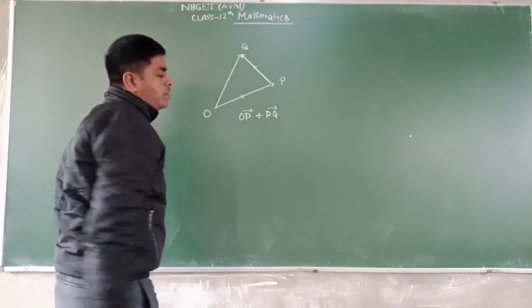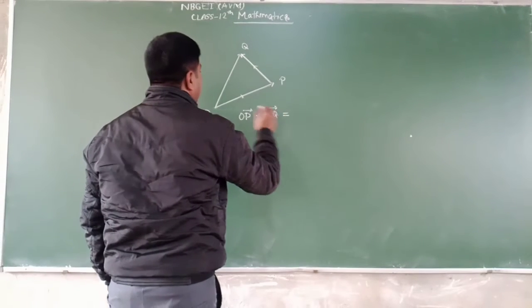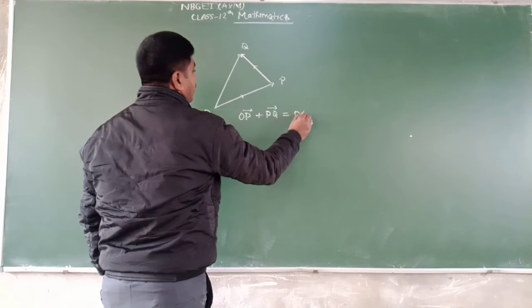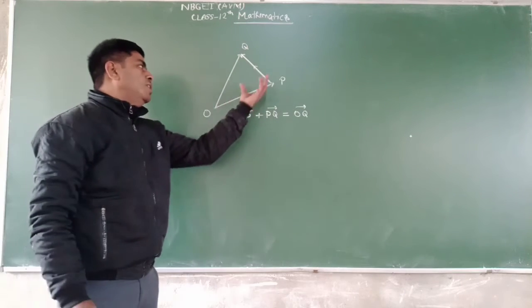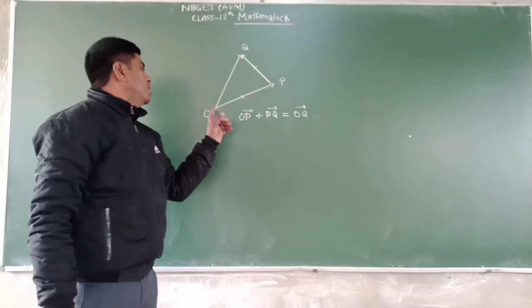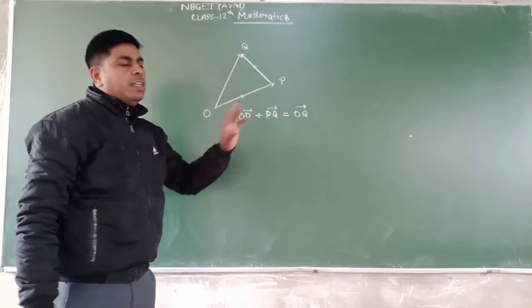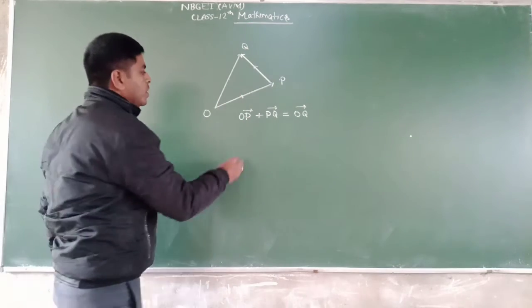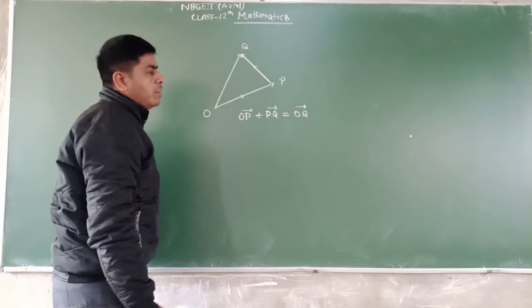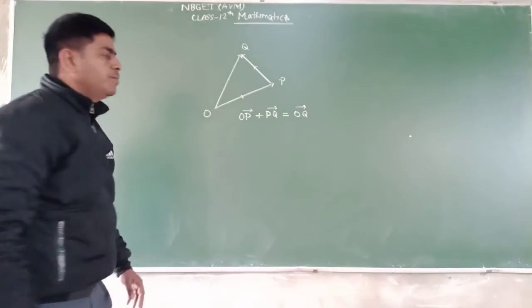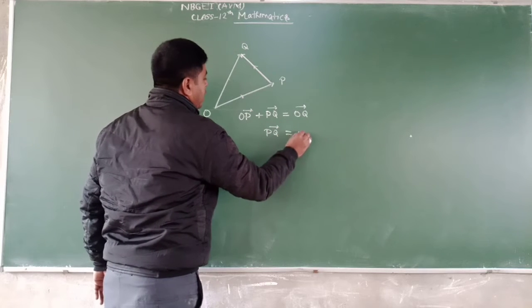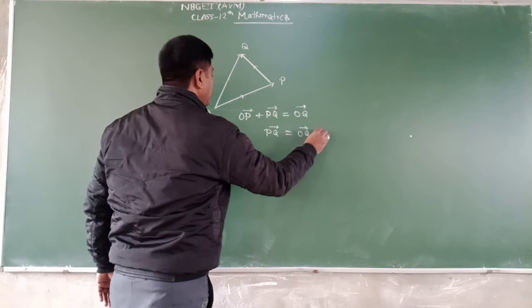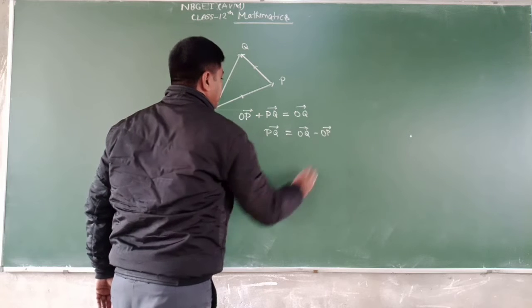The addition of these two vectors can be denoted by the vector OQ, because the sum of these two vectors, OQ, works as the resultant vector. This is the triangle law of vector addition, and in this way PQ vector can be written as OQ vector minus OP vector.